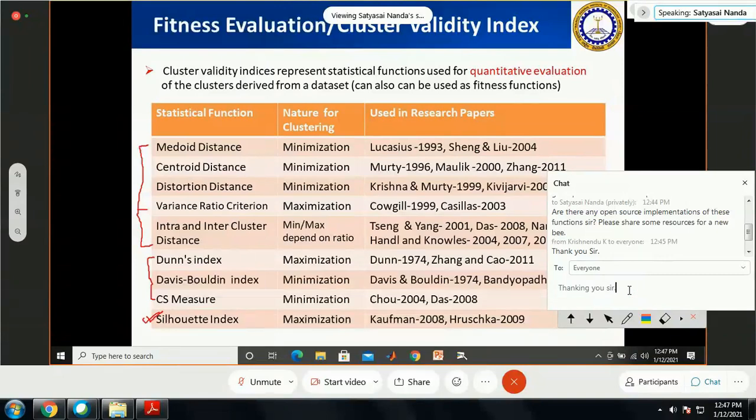Otherwise, SPSS is also a very excellent platform, and many researchers from the humanities use this SPSS software. Of course, that is not open source, I can say. MATLAB also has copyright, but many of these clustering techniques can be effectively used.